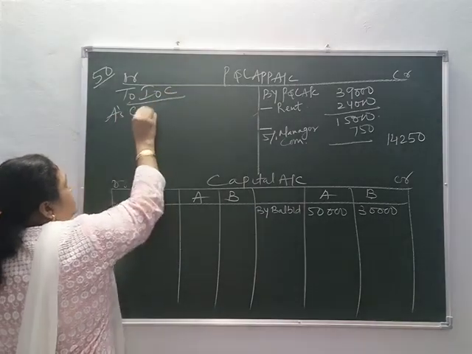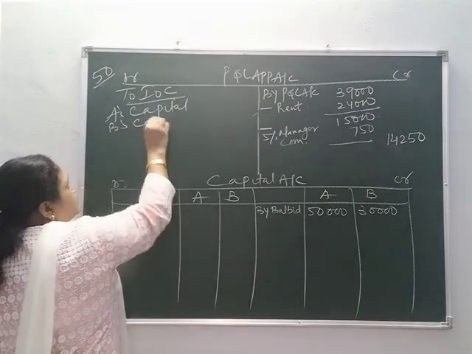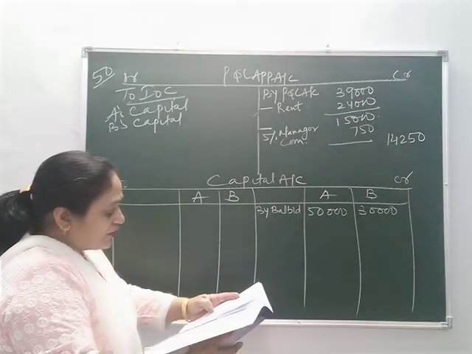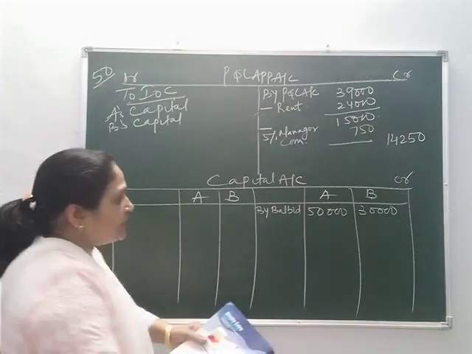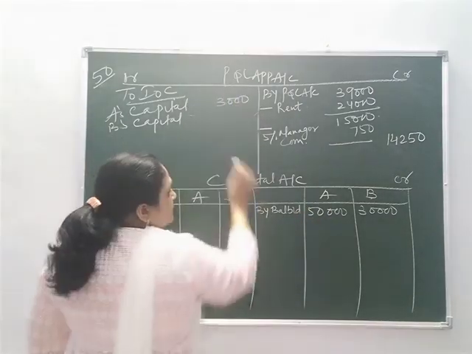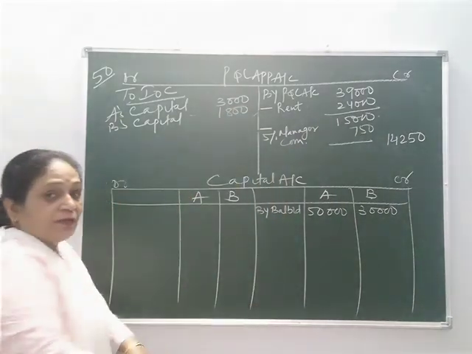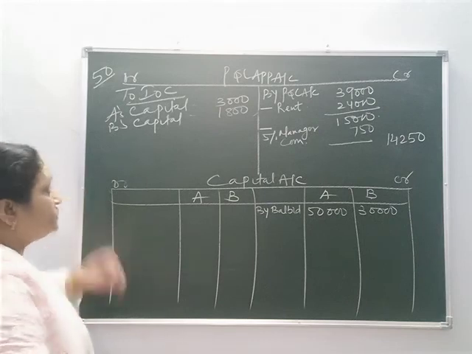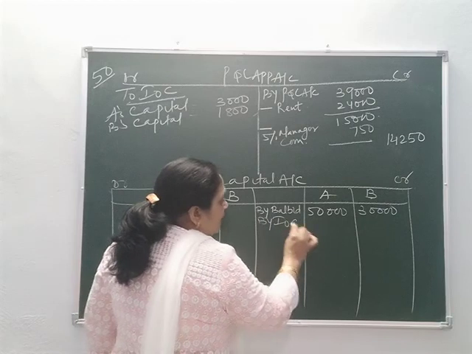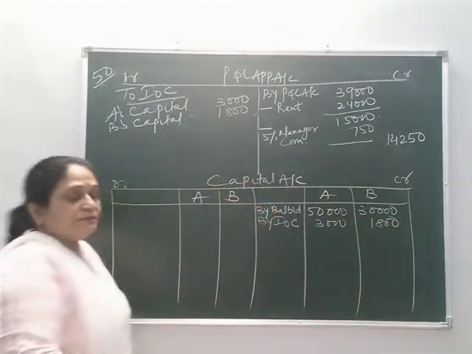A's capital account and B's capital account, which is 6% of this figure. Interest on capital is 6%. So 5 sixes are 30, 3,000, and 6 threes are 18, 1,800. Okay, for 50,000 and 30,000. Thereafter we will credit to their accounts also by interest on capital 3,000, 1,800.